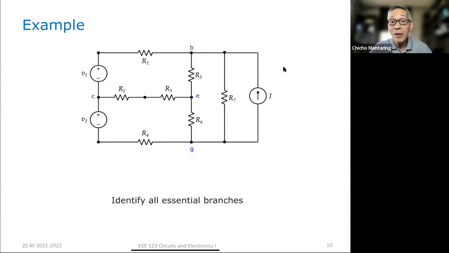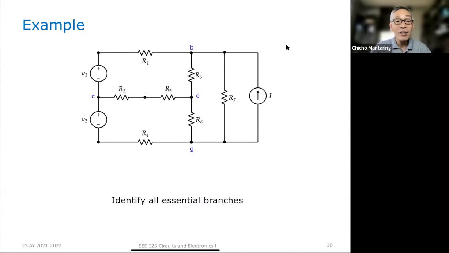Remember, no, what is an essential branch? An essential branch is a branch that connects two essential nodes without containing any essential node, no?